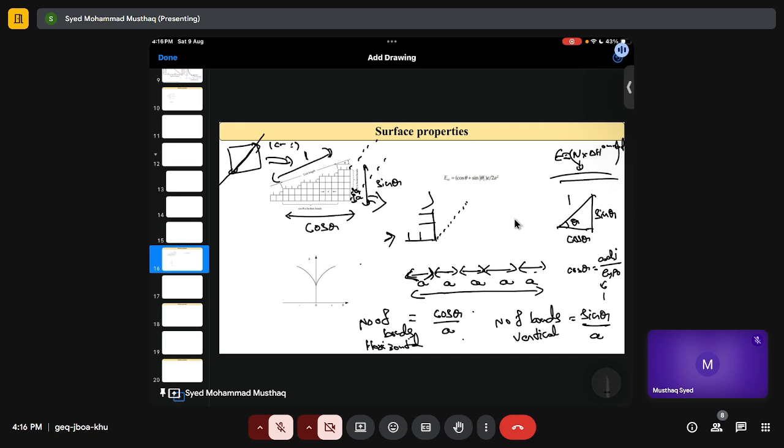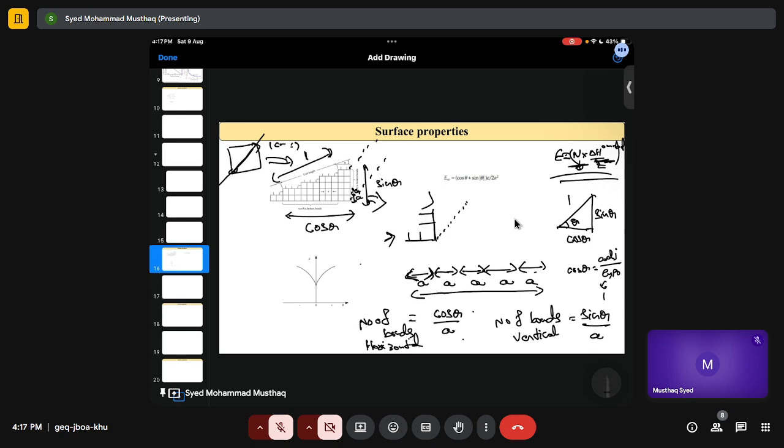Then we tried to calculate our total surface energy, or the number of bonds, the total surface energy, which depends upon the number of bonds and the bond energy per bond, right? Divided by 2, because in one single bond there is an involvement of 2 atoms. So for each atom, the bond energy will be half. Okay.